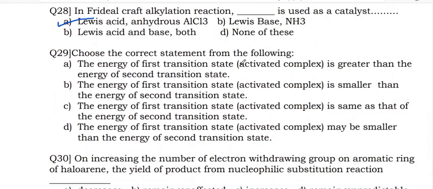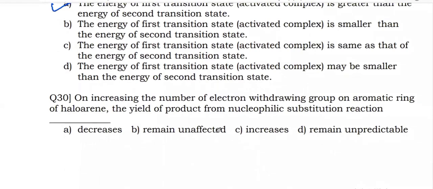The energy of the first transition state, that is the activated complex, is greater than the energy of the second transition state. That's the correct statement. This is the graph for the SN1 mechanism, with the first transition state and the second transition state. The first transition state has the highest energy, and the second transition state has lower energy than the first.